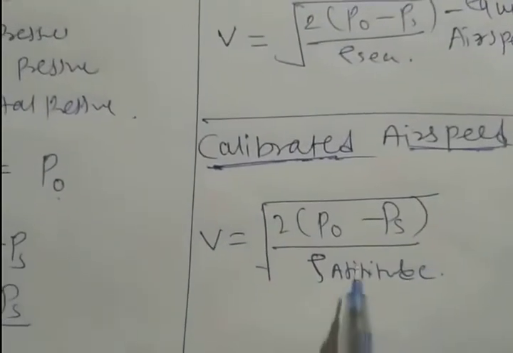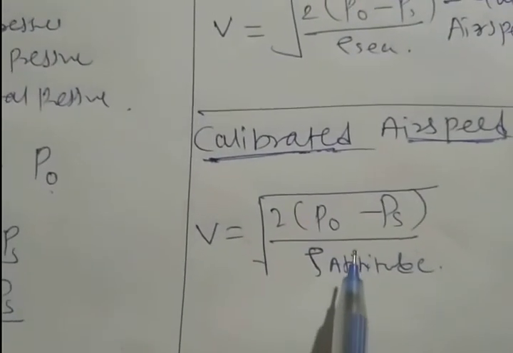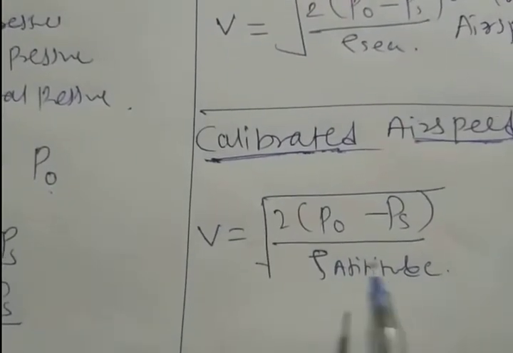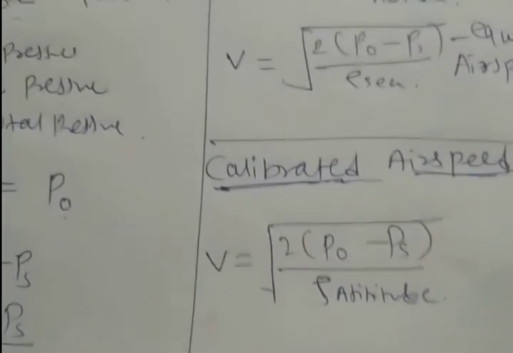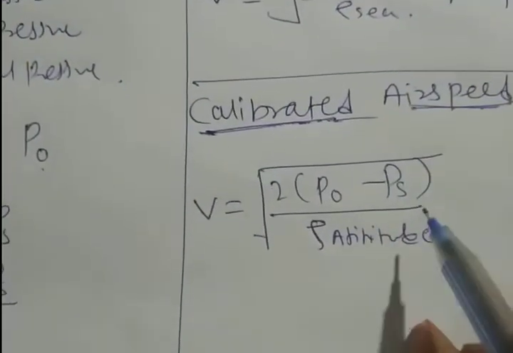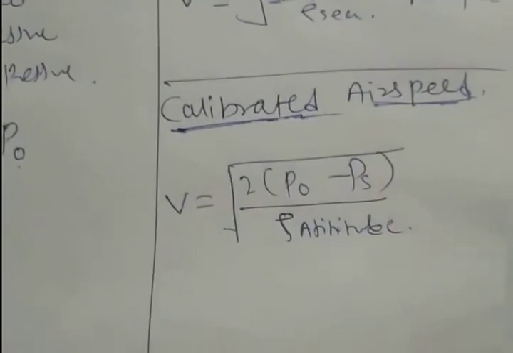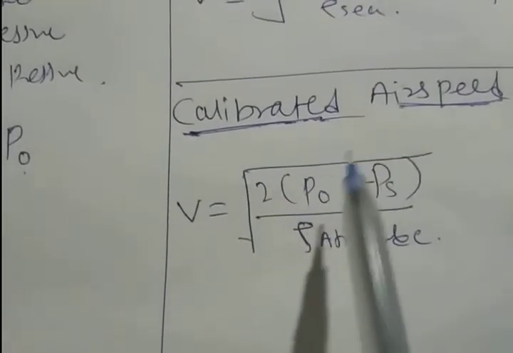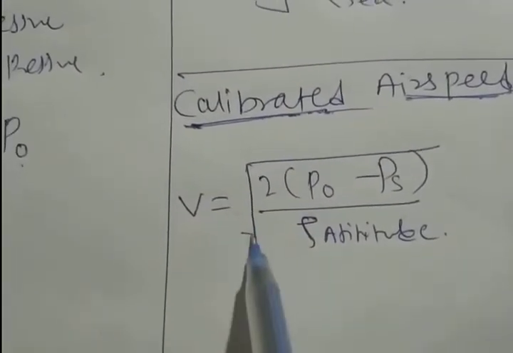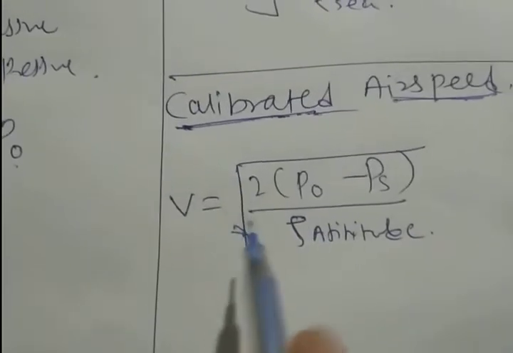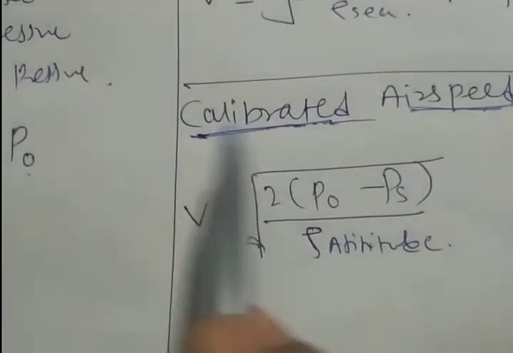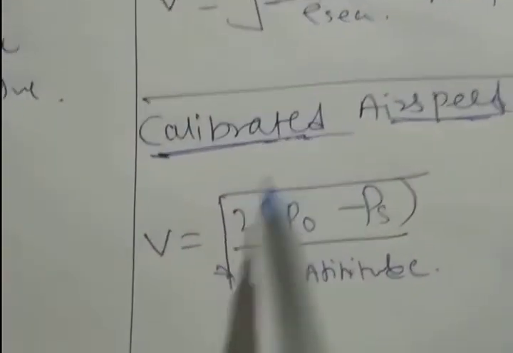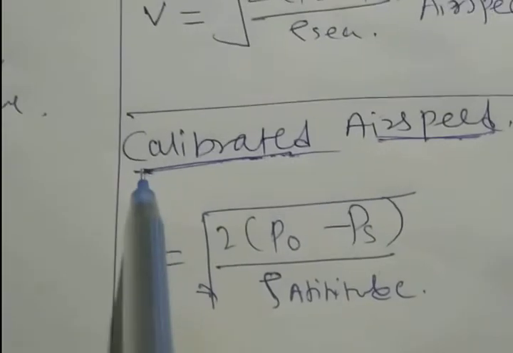Now this is the equivalent airspeed, but in calibrated airspeed we correct V for the instrumental errors. So there will be a certain correction added in the computer or measuring instrument that will cancel out the errors in measurement. So what we get will be the calibrated speed. No questions have been asked in past GATE examinations on calibrated speed.